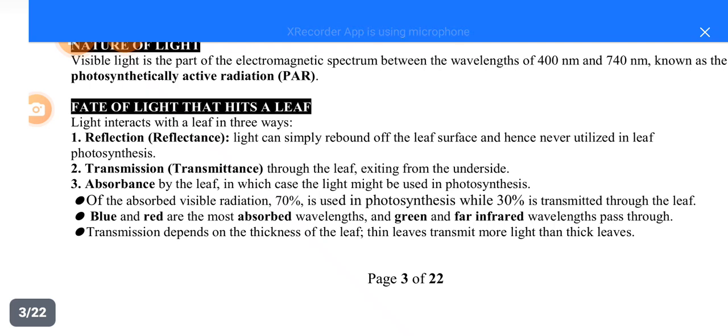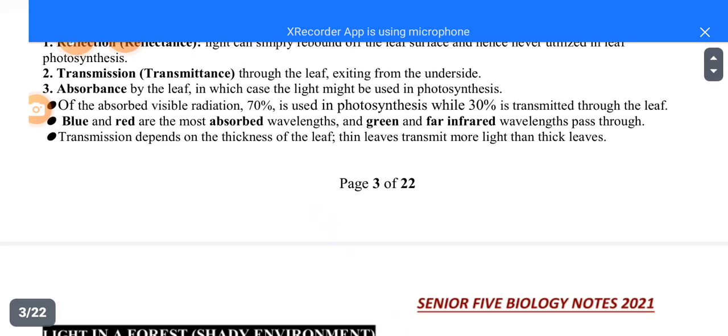So here they are telling us that the green and the far red, the far infrared, wavelengths pass through those leaves. Then transmission depends on the thickness of the leaf. Thin leaves transmit more light than thick leaves. So transmission depends on the thinness or thickness of the leaf, and we are saying that thin leaves transmit more light than thick leaves.